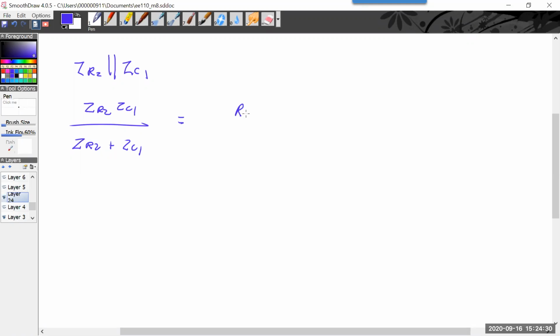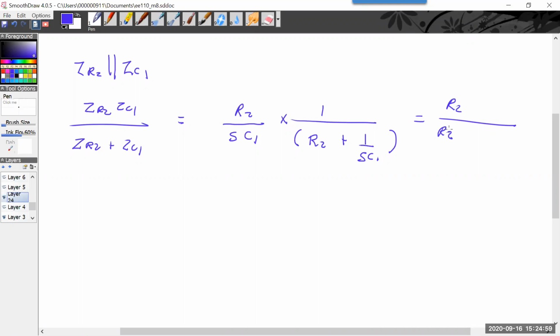You have R2, and then this is 1 over SC1. All right. So I factor out R2, but I don't cancel them because it'll just make things more difficult.